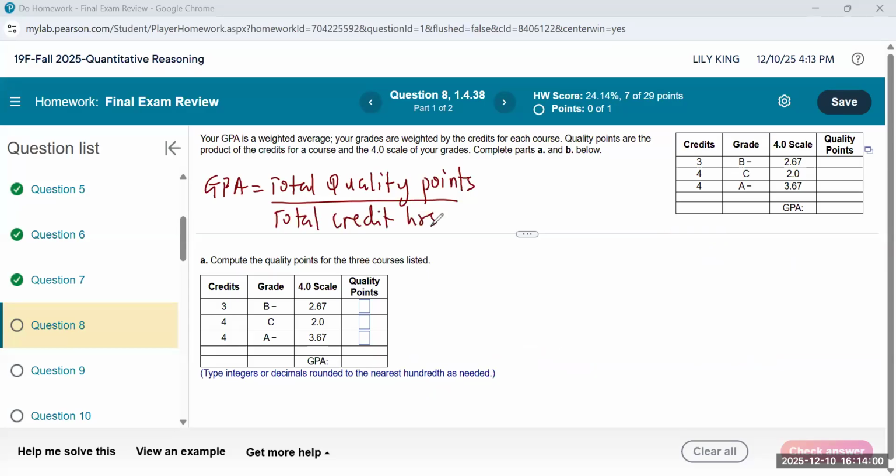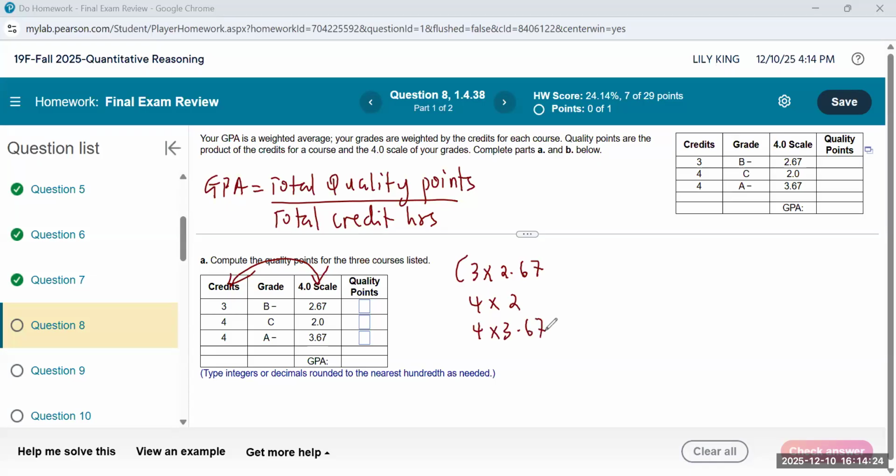The first thing you have to do is multiply each of the credits by the scale: 3 times 2.67, 4 times 2, and 4 times 3.67.